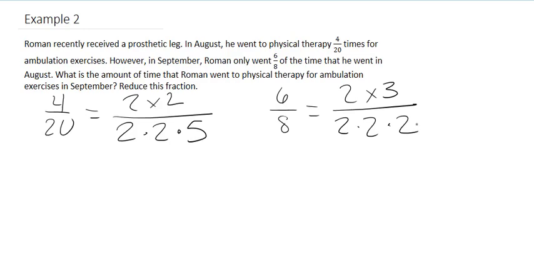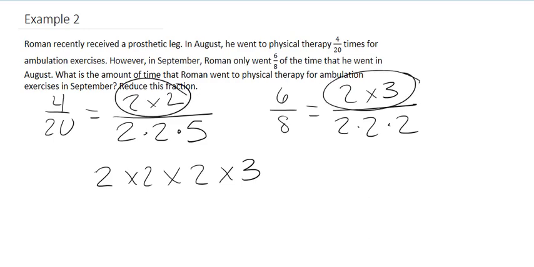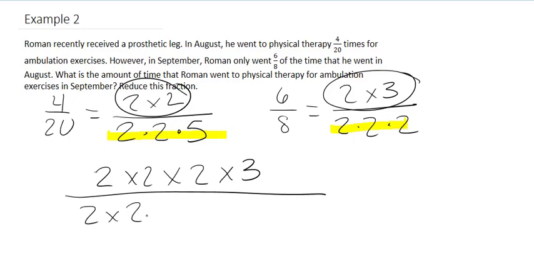So now we're going to combine all the numerators together and then all the denominators together. So this becomes 2 times 2 times 2 times 3, as we grabbed from here and here. Then we're going to pull our denominator and write it below. So we have 2 times 2 times 5 times 2 times 2 times 2.